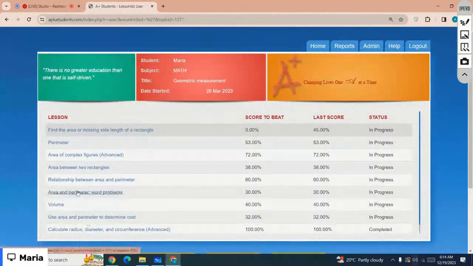You can do area and perimeter word problems on your own, right? Let's just start with the next lesson, that is volume, because we have done so many lessons on area and perimeter. Let's just start with the next one, that is volume, right?